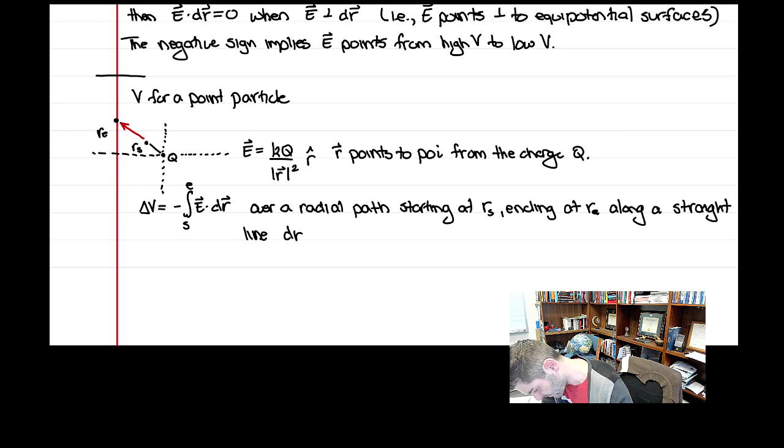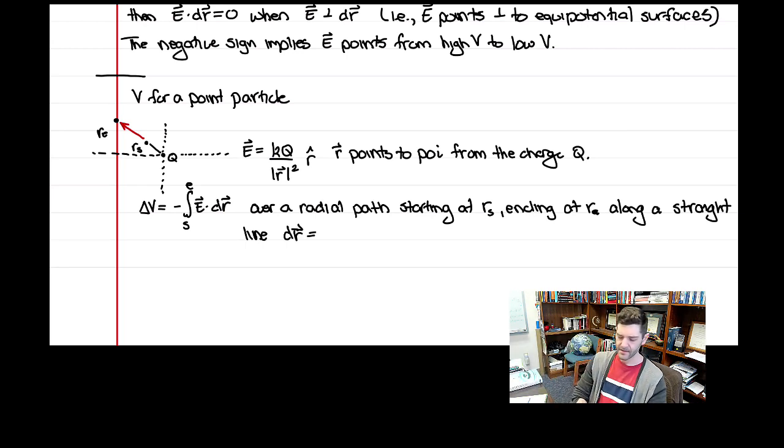And essentially I'm going to parameterize that path dr as I'm taking a bunch of little steps in a straight line that goes from R start to R end.